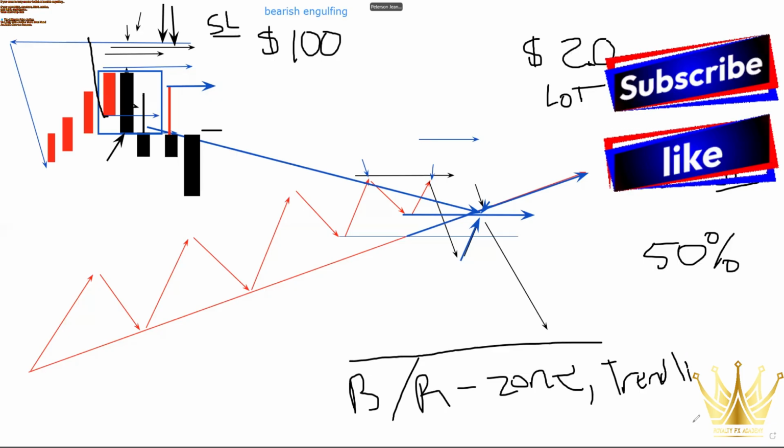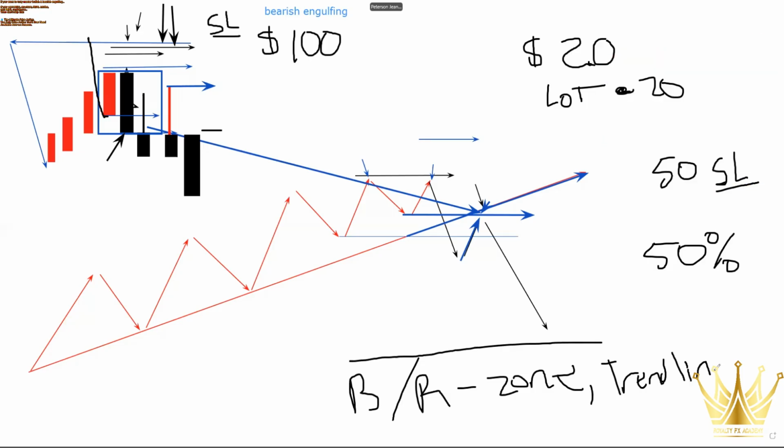You have a break and retest of a trend line. So you've got trend line and zone both being broken and retested, and they both indicate reversal.